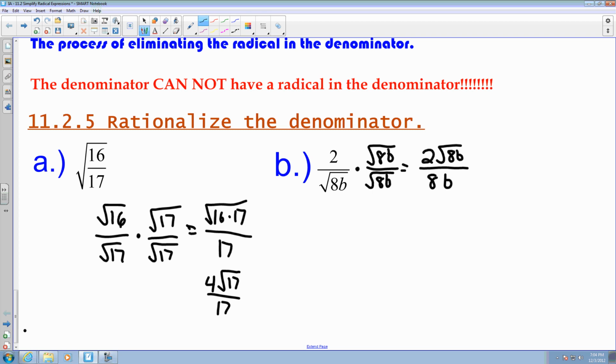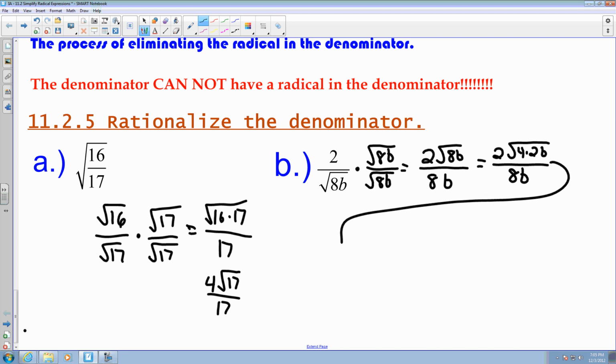And I can simplify this. I can go 2 times the square root of 4 times 2b all over ab.